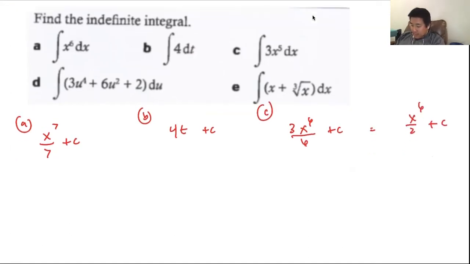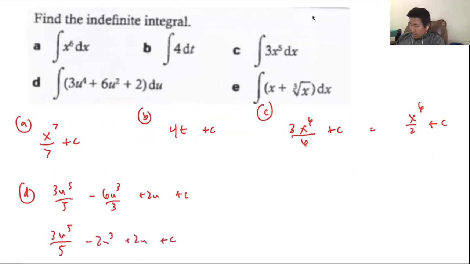This is 3u to the 5th power over 5 minus 6u to the 3rd power over 3 plus 2u plus c. So that just turns into 3u to the 5th over 5 minus 2u cubed plus 2u plus c.